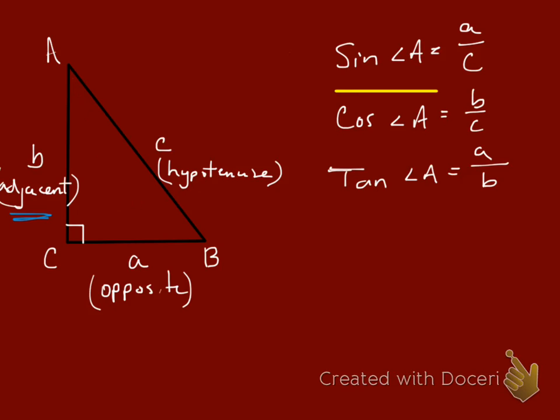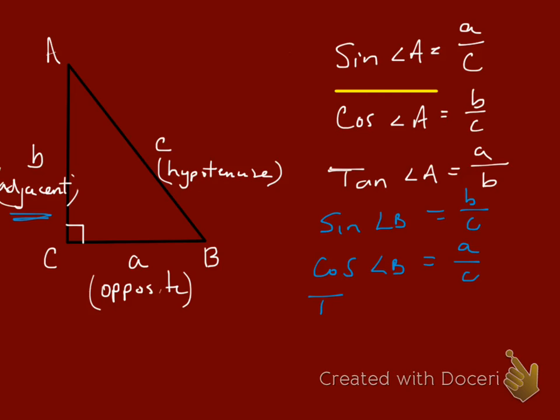If you wanted to find the sine of angle B, the opposite of B would be little b over the hypotenuse, which is C. Cosine of angle B would be the adjacent, which now becomes A, over C, which is the hypotenuse.